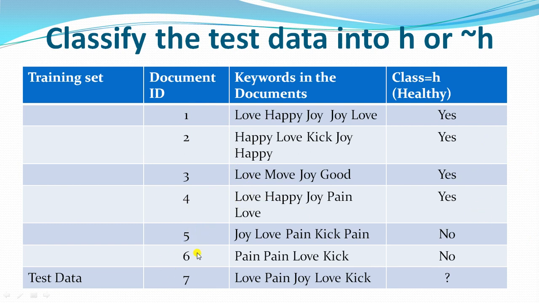Documents 5 and 6 are in class no, which is the second category. Based on this we calculate the probability.